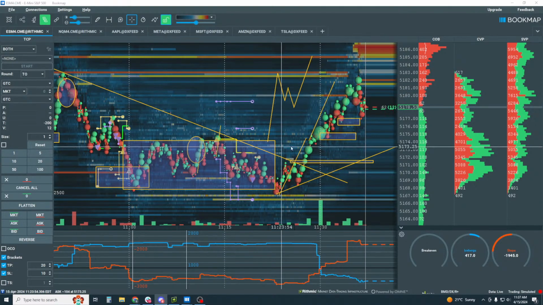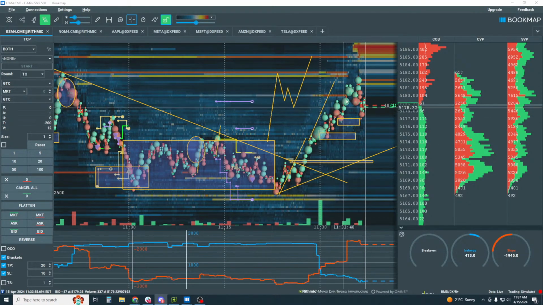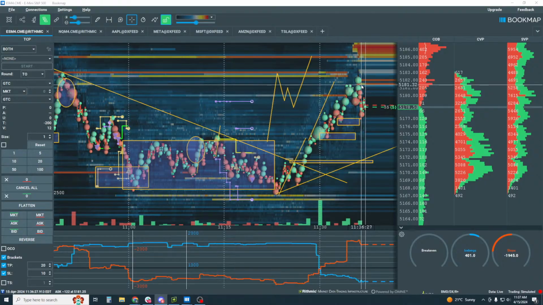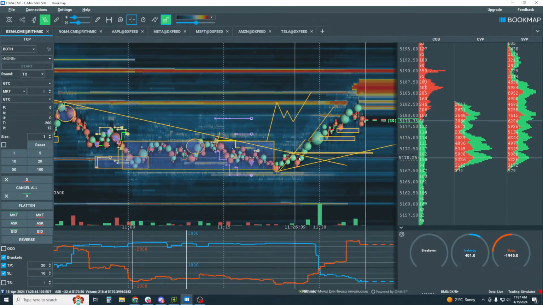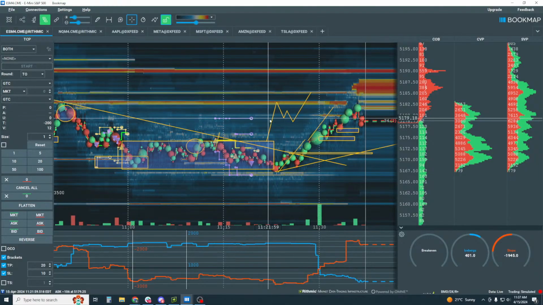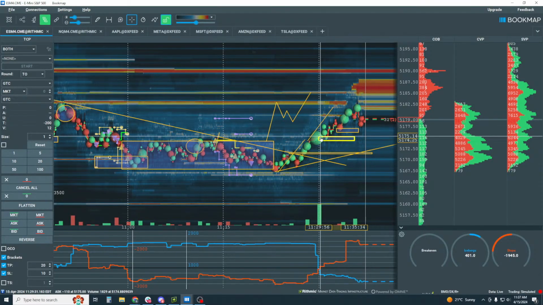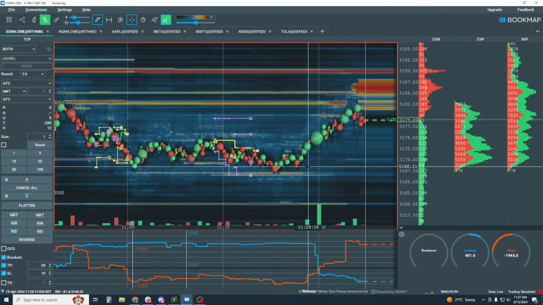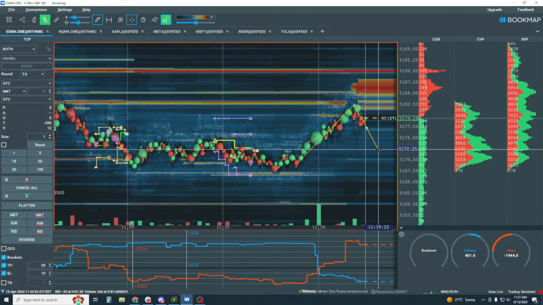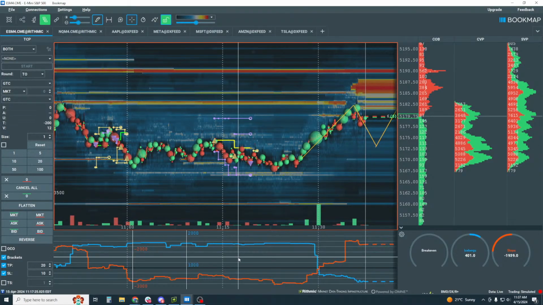Now, if we get just this really big strong move, and we had a few pullbacks in here, we're not looking for this to be the big flag pattern like this. Let me clear the drawings again.